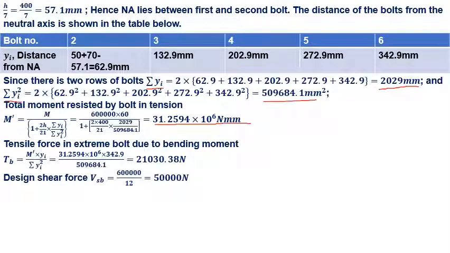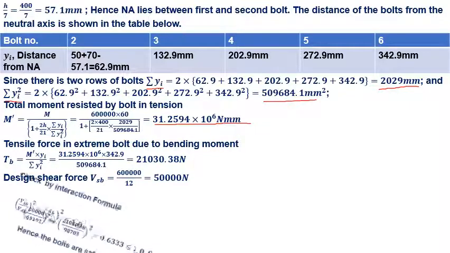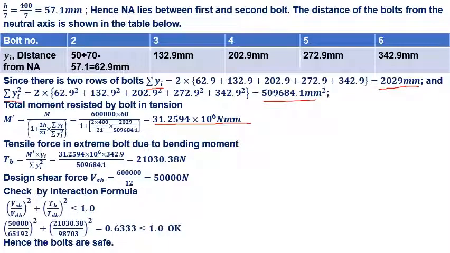The design shear force VSB is 600 into 10 raised to power 3 upon 12, where 12 is the total number of bolts. Each bolt carries a direct shear force equal to 50,000 Newton. Then we apply the interaction formula for checking.